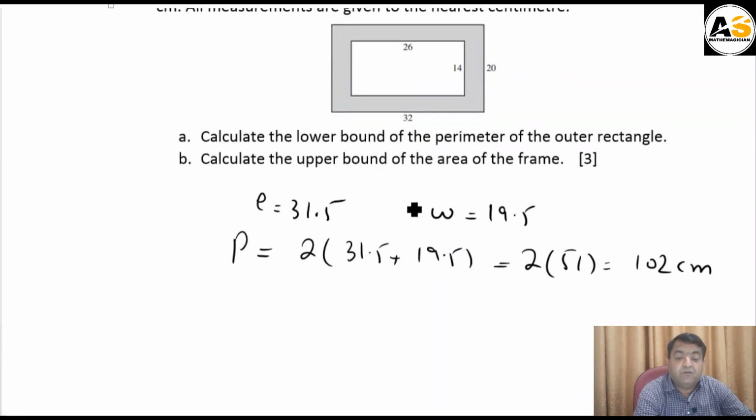In the second part, we have to find the upper bound of area of the frame.